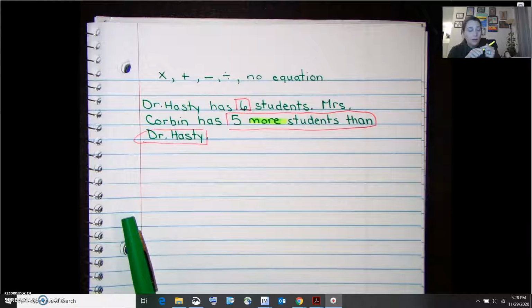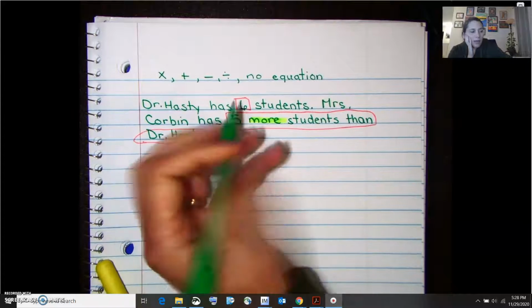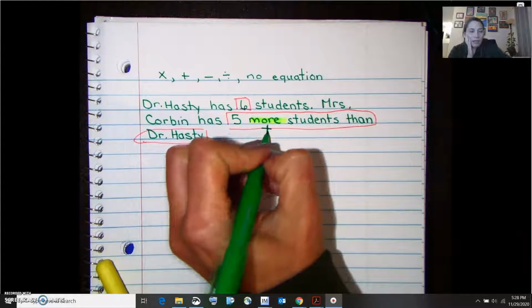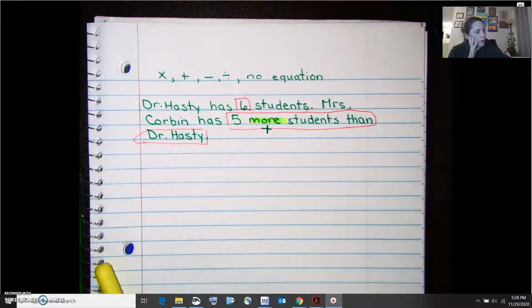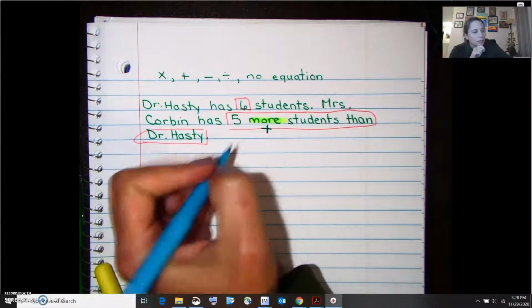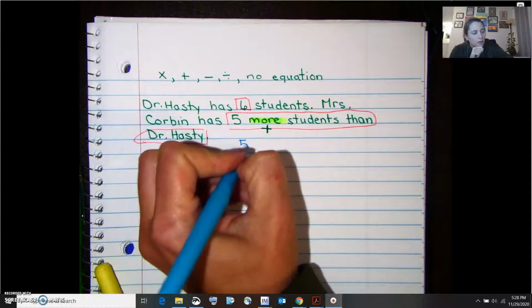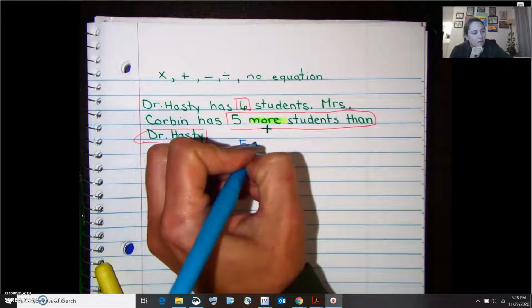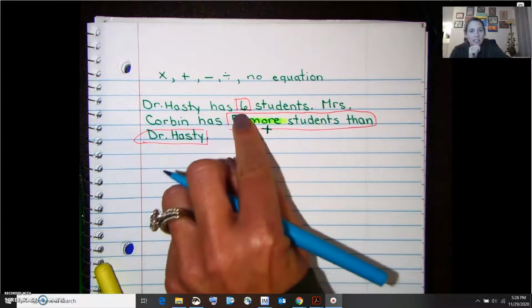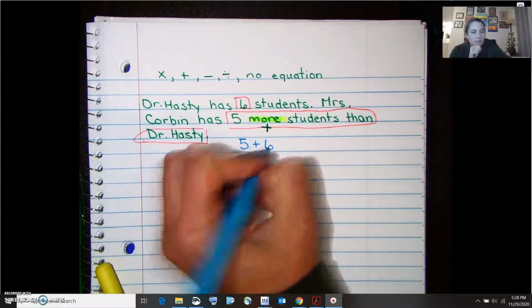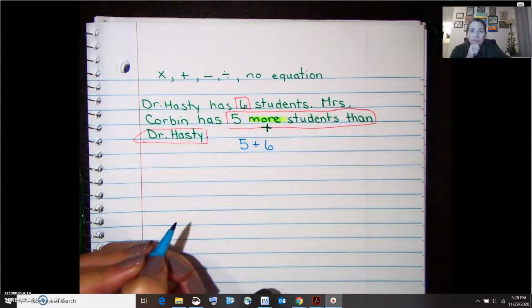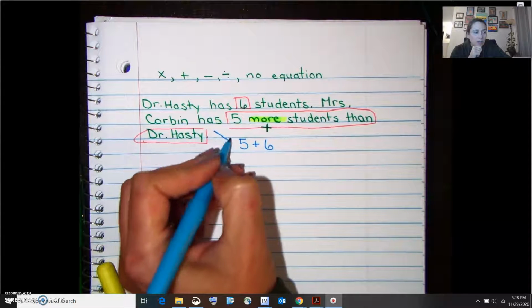And if it's more, that means that we have to add. That's our math word. So our equation would look like Miss Corbin has 5 more than Dr. Hasty, who has 6. So our equation would be 5 plus 6. These are the two that would match.